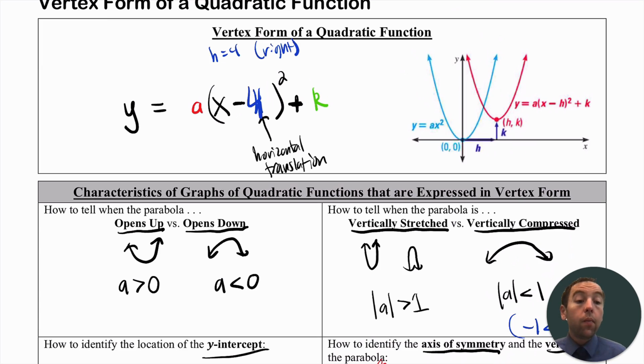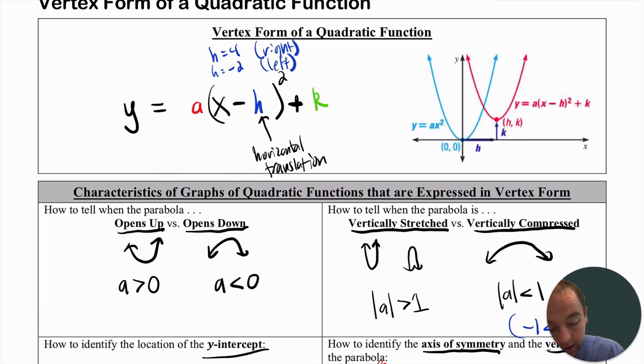So whenever you see a minus inside the parentheses, that indicates you're moving to the right. But if h was a negative number, like negative 2, then you'd be moving to the left 2 units. So if you plug in a negative number, you'd have x minus negative 2. Because of that subtracting a negative, you're going to see a plus inside the parentheses whenever you have a left shift of your graph.